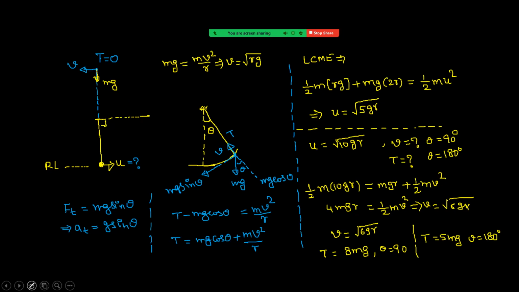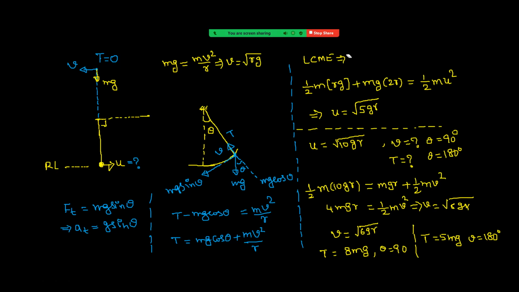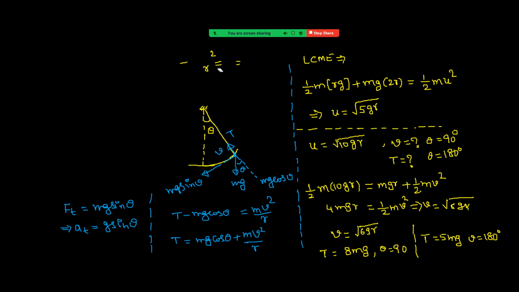Let us see that now. Condition is now if it is less than root 5gr, what happens?